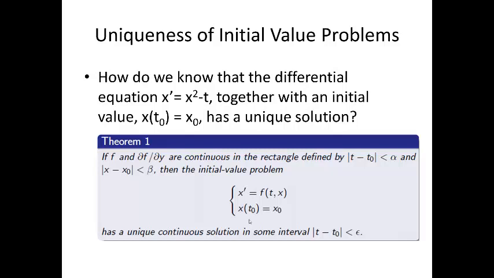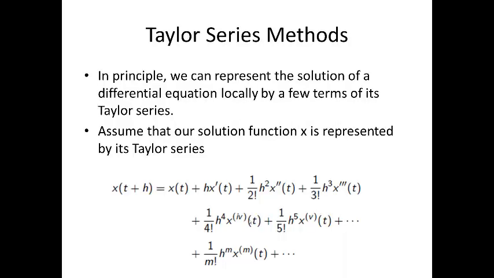From this theorem, we can conclude that the solution in question is defined for the absolute value of t minus t0 less than some value epsilon. However, the value of epsilon in the theorem is at least beta divided by m, where m is an upper bound for f of t, x in the original rectangle. Now, as promised, let's take a look at some Taylor series methods.